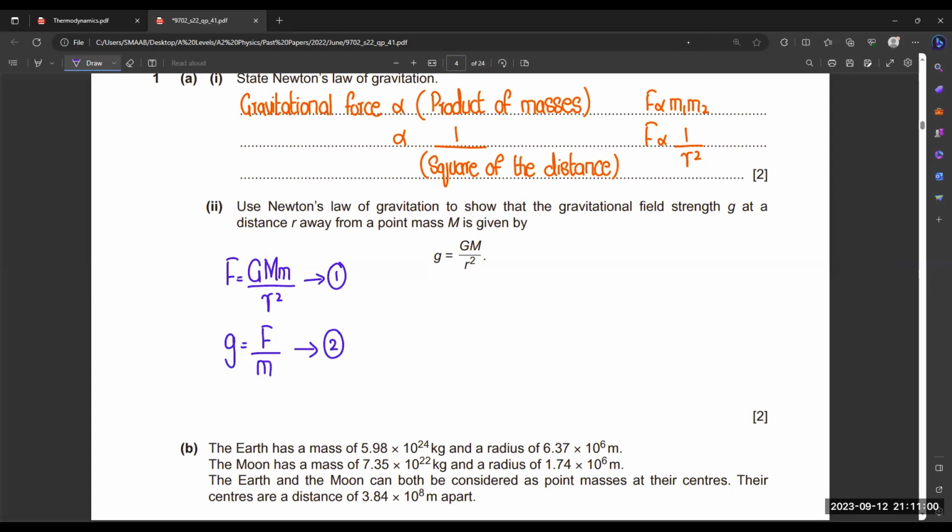And if you substitute the value of F from equation 1 in equation number 2, it will be equal to this value of F divided by M. And this small m will cancel out, and you will get your final answer. Very simple 2-mark question.